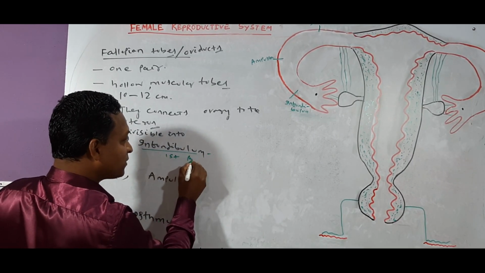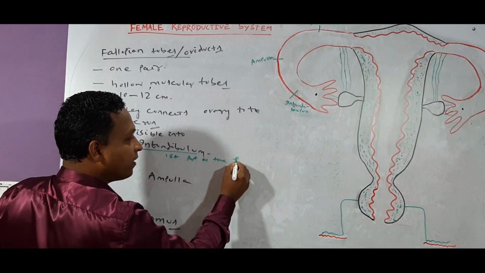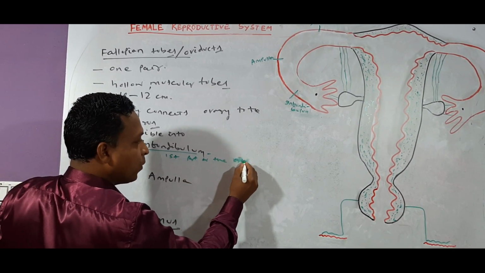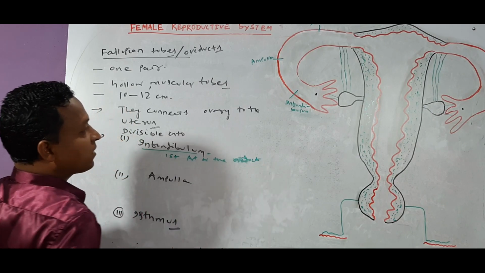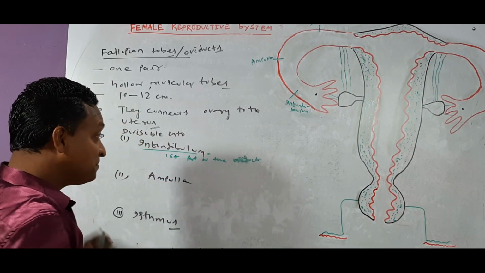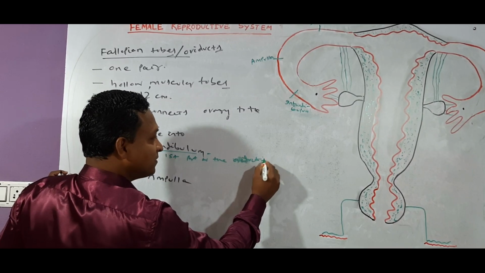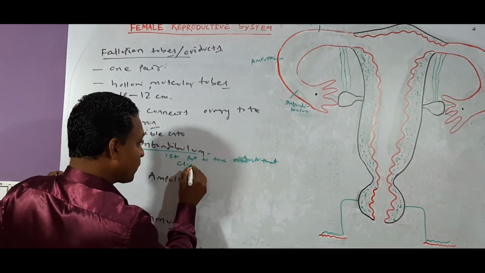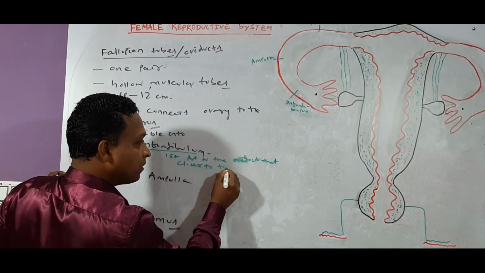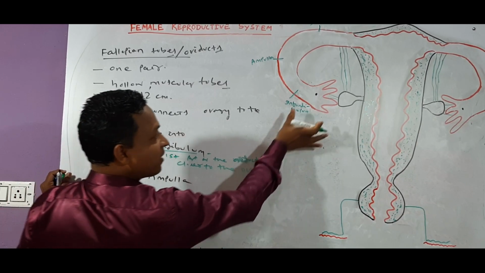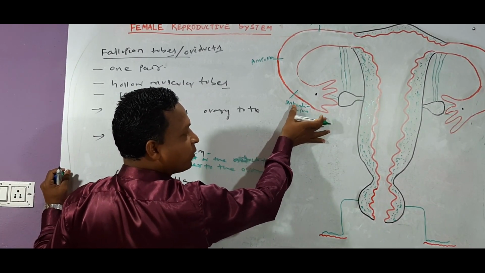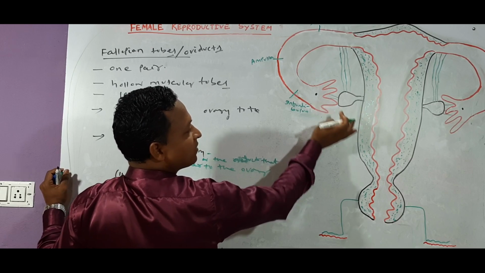It is the first part of the oviduct, the first part of the fallopian tube which is closer to the ovary.